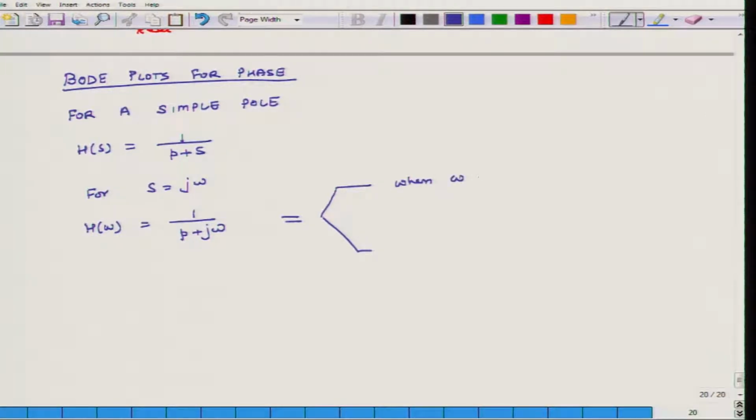When omega approaches 0, then H of omega approaches 1 over p, and when omega approaches infinity, then H of omega becomes, this is an approaching value.